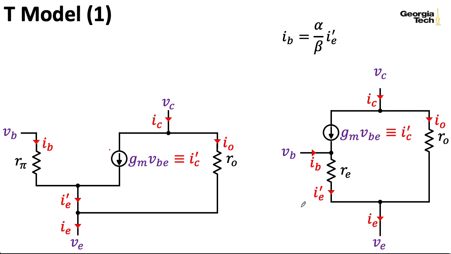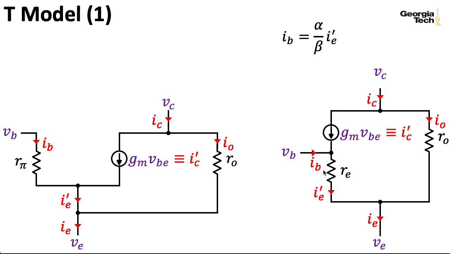more like a trick. So in the T model, we get rid of this R pi, and instead we place a resistor here in this IE prime slot. And what we're going to do is we're going to choose this resistance RE so that IE prime on the right here matches the IE prime that you get on the left. So we're basically making up this resistor RE out of thin air.